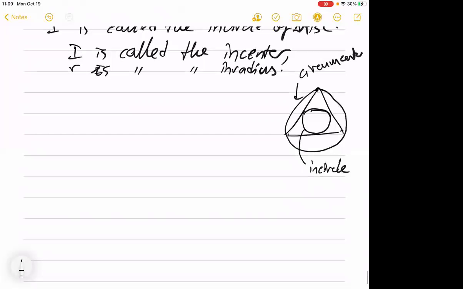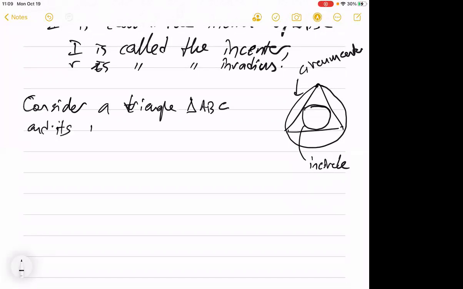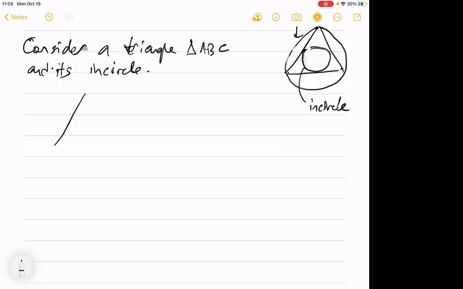Okay, let's consider a triangle A, B, C, and its incircle. So let's draw this picture once again.